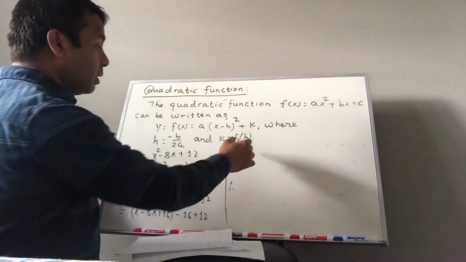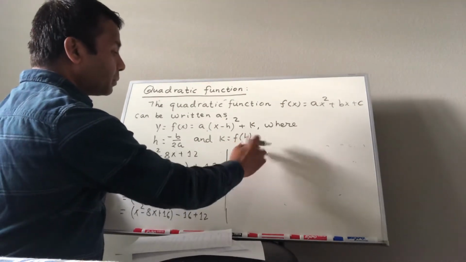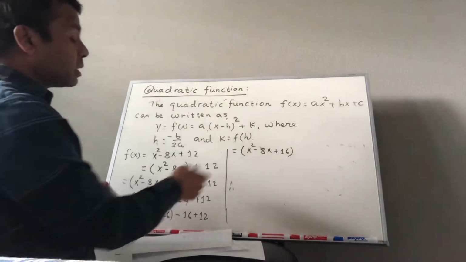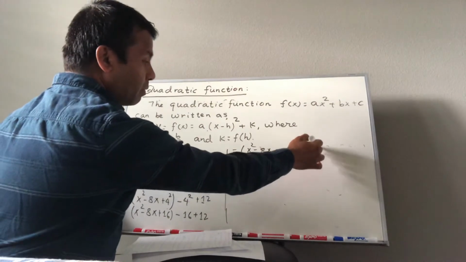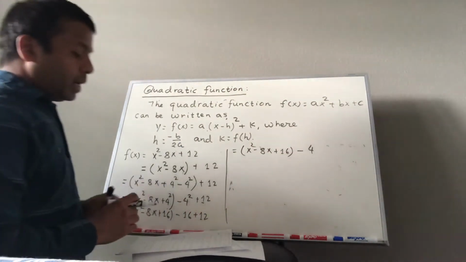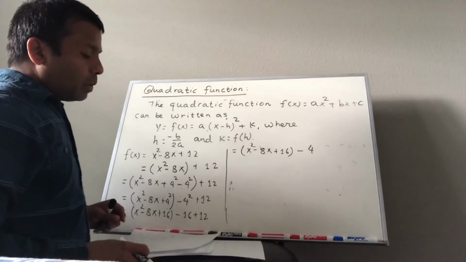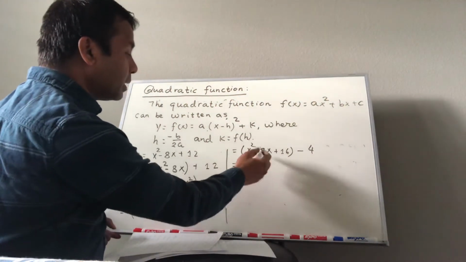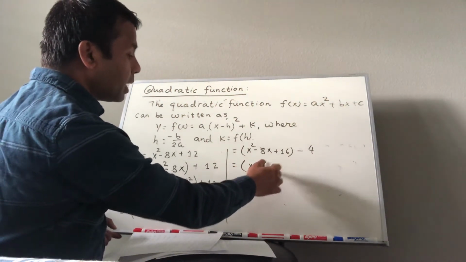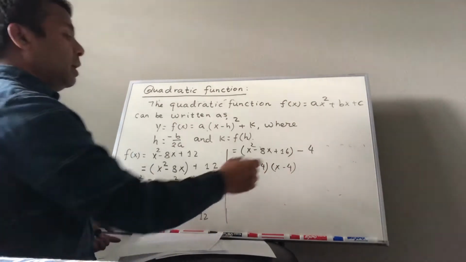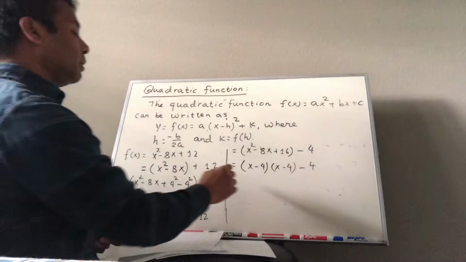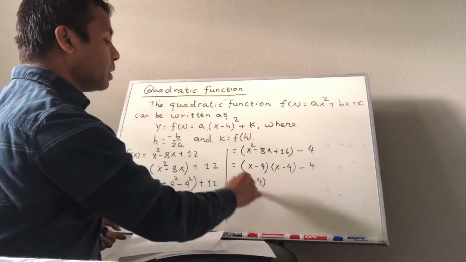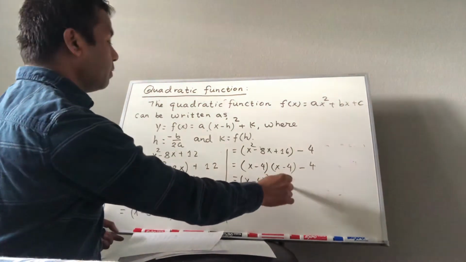So this would be x squared minus 8x plus 16, and negative 16 plus 12, which is negative 4, right? So what do you have here? If I factor this, then obviously I get (x minus 4) times (x minus 4) minus 4. So you know (x minus 4) times (x minus 4) is (x minus 4) squared minus 4.